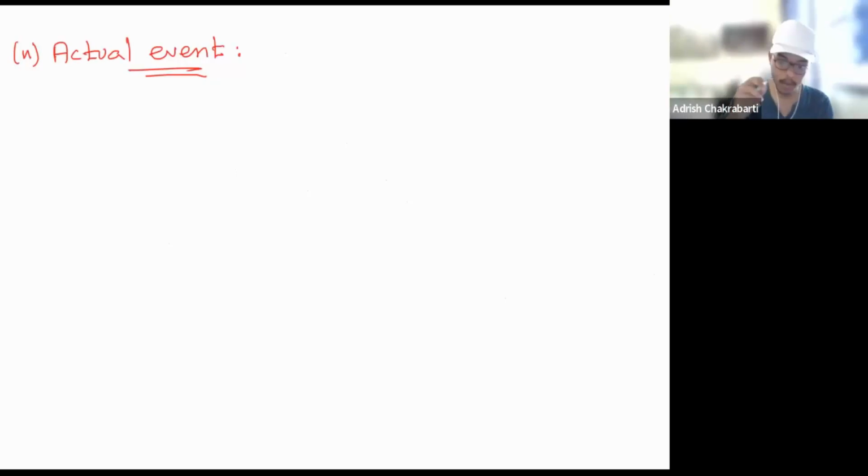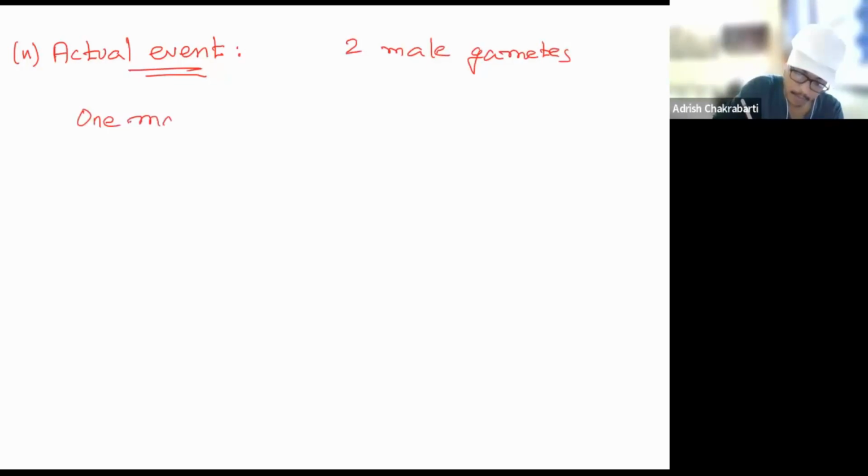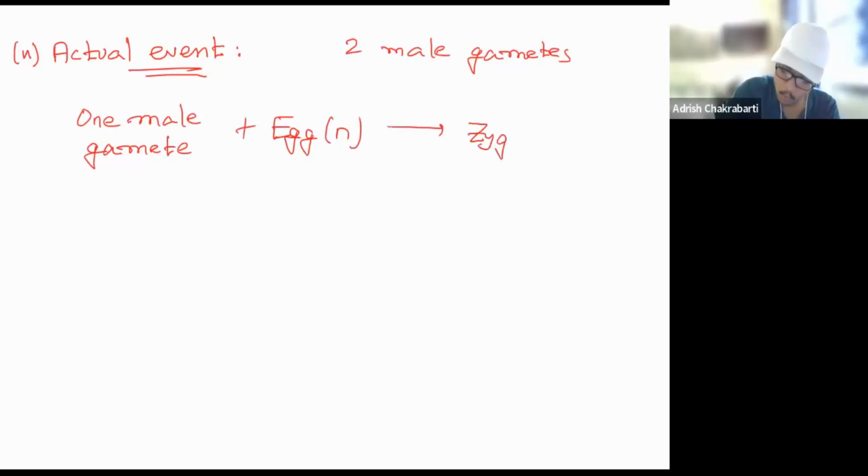So now see, this is the fun thing. We had 2 male gametes. Let me just continue in red. There is one male gamete. It is going and fusing with the egg or ovum, whatever you say, and it's forming the zygote, that is 2N.